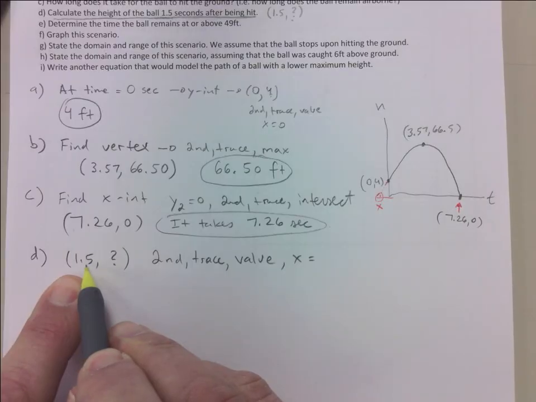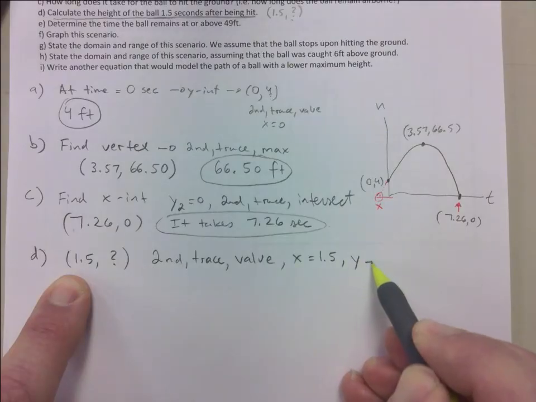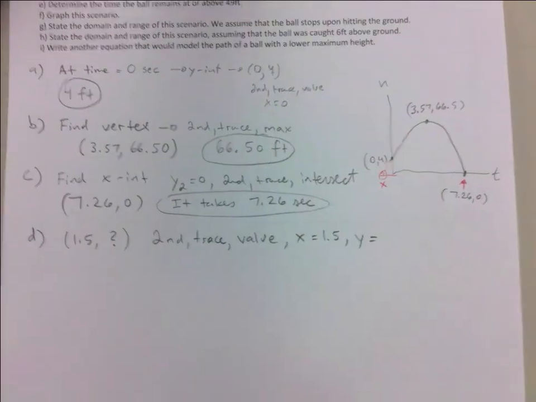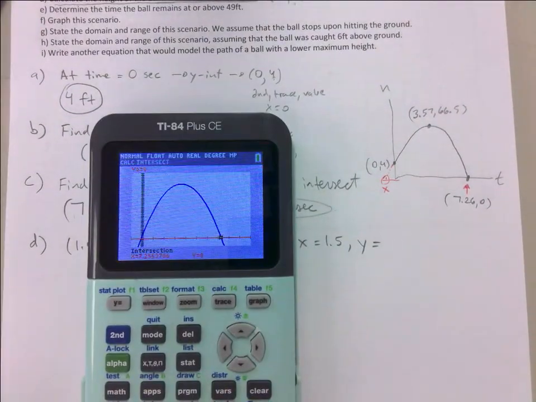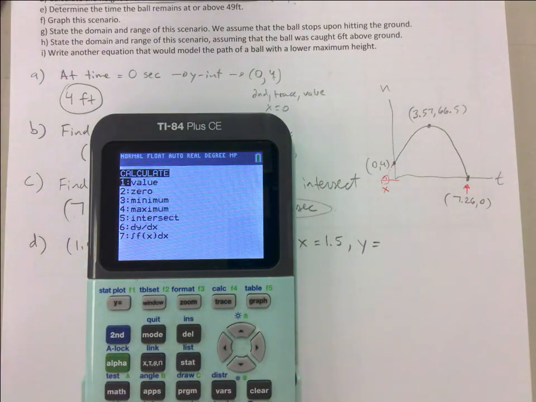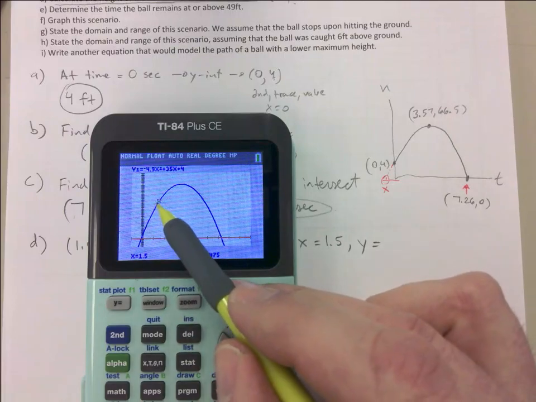It's 1.5. So we just type in 1.5. And we will figure out the y value. Remember, if you cannot see it, it cannot find it. So you have to be able to see it. So second trace, value 1.5. I'm going to hit enter and see it's right there.